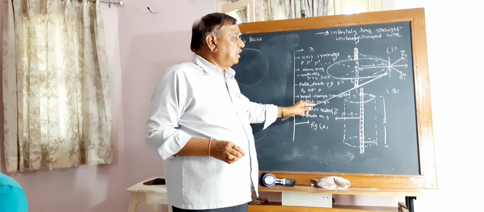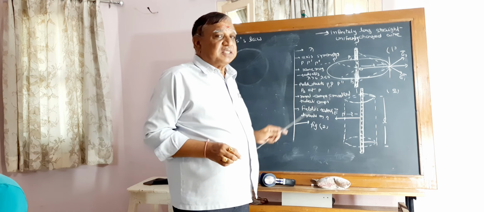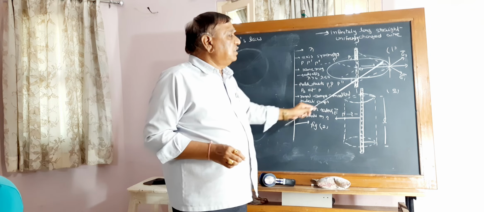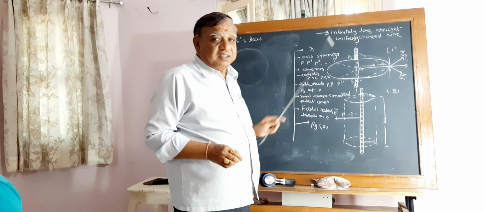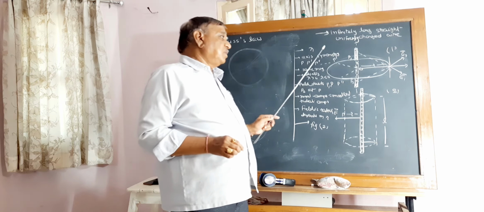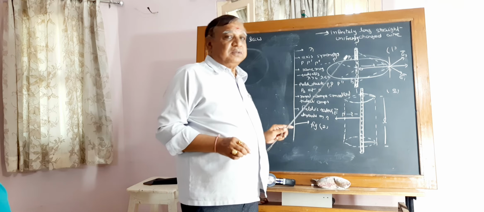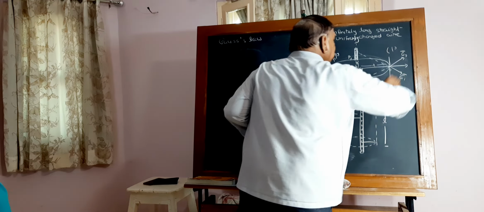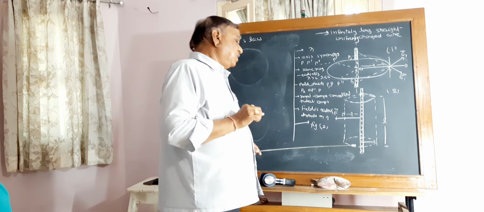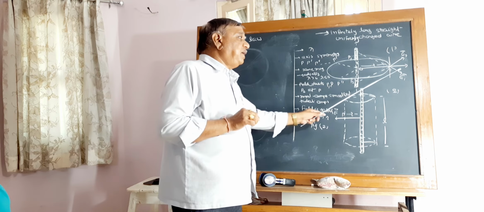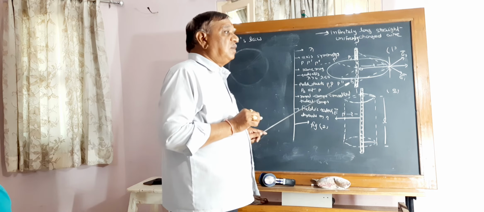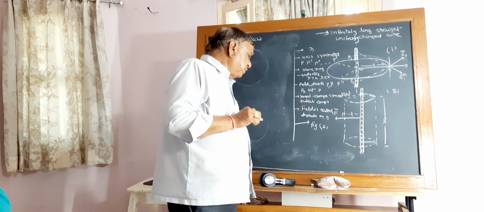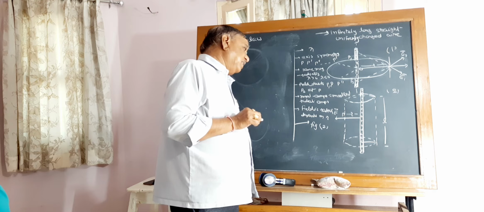Then it is clear, the normal components to the axis nullify each other. So only the radial component exists, and we have to add the radial components. So we can say the field only depends upon r, not any other factors. Here it is only for an infinitely long wire.